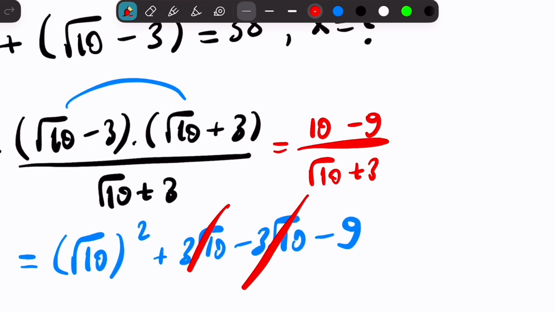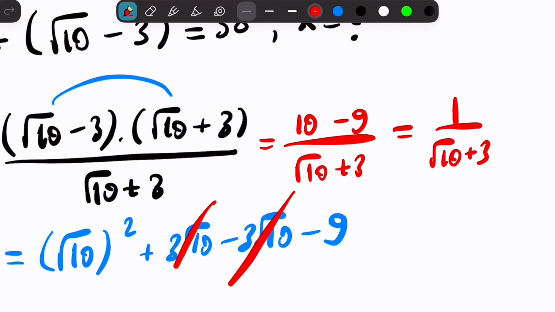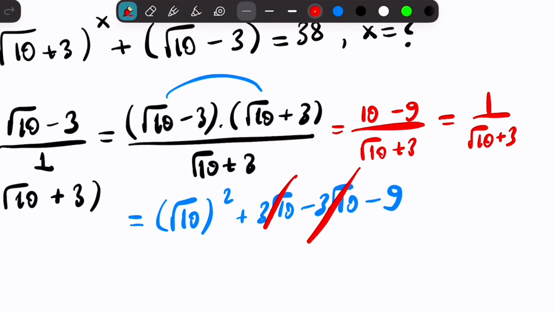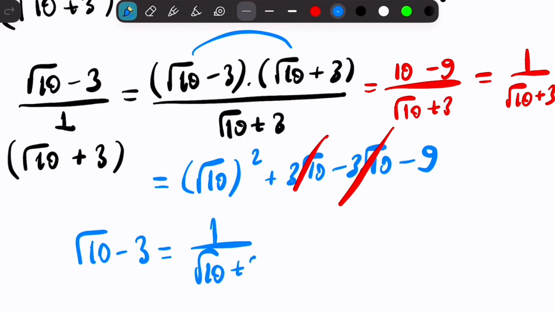When we edit this a little bit, I would say 1 divided by root 10 plus 3. Now what did I find here? If you pay attention, it's actually root 10 minus 3. I'd say 1 divided by the square root of 10 plus 3 equals this. Now what can we do next?